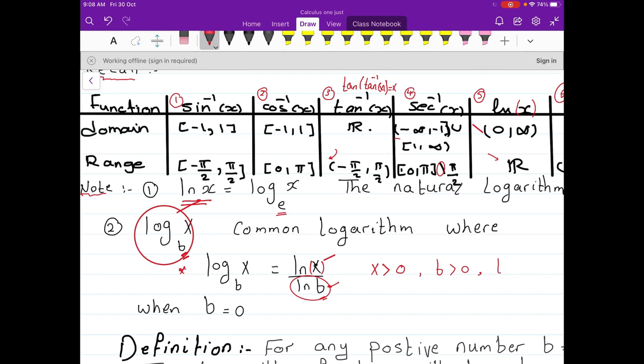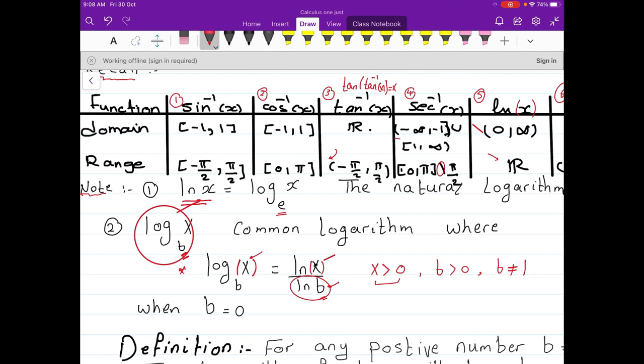So we have b does not equal 1, since if b equals 1 we have a problem. So the condition is x positive, that means the domain of log x for the base b is from 0 to infinity. What applies to ln applies to log: the input of the log must be positive.